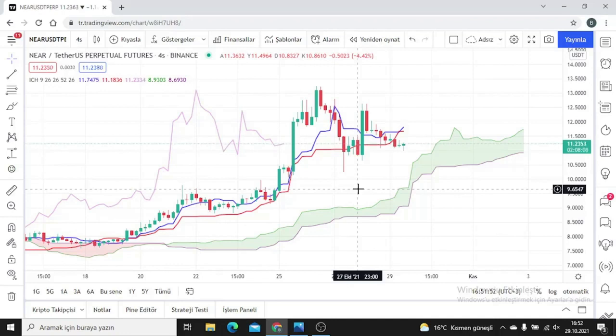Also, since Ichimoku both determines the trend and determines the support resistance, you don't need to use too many indicators with it. You can confirm it with RSI, you can confirm it with CCI. An additional indicator is definitely better if you use RSI. It gives us information about the trend of the price.